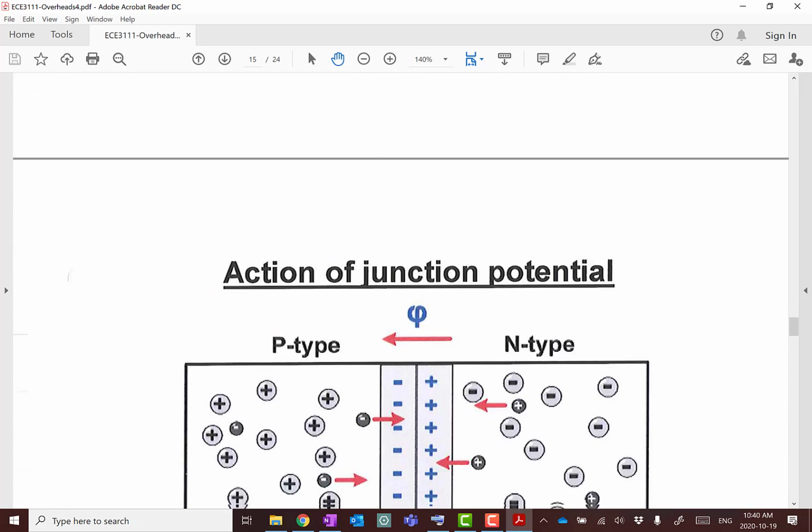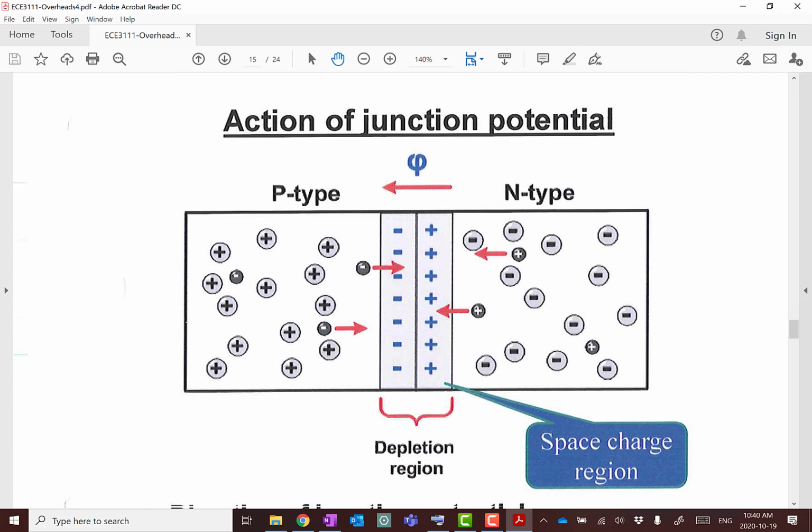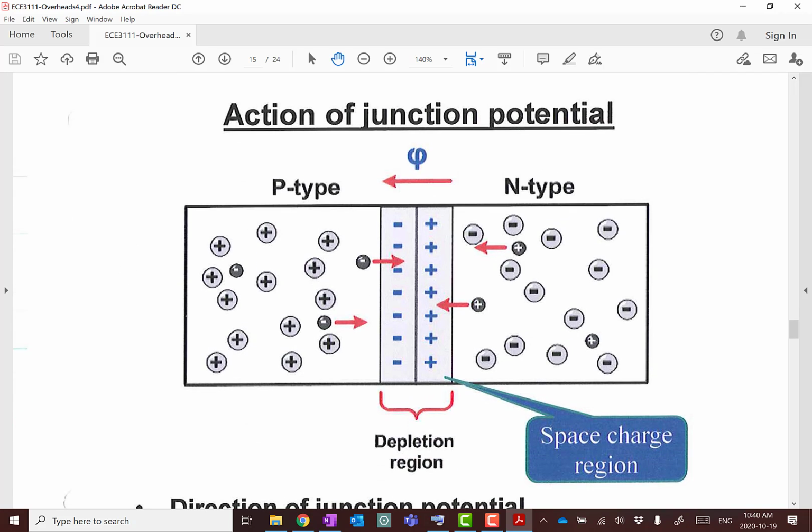Now that a junction potential exists, you can view that depletion region as the plates of a capacitor. Any minority carriers in the n-type material, any of those holes that get close to the edge of the depletion region, are going to experience the force due to the electric field.